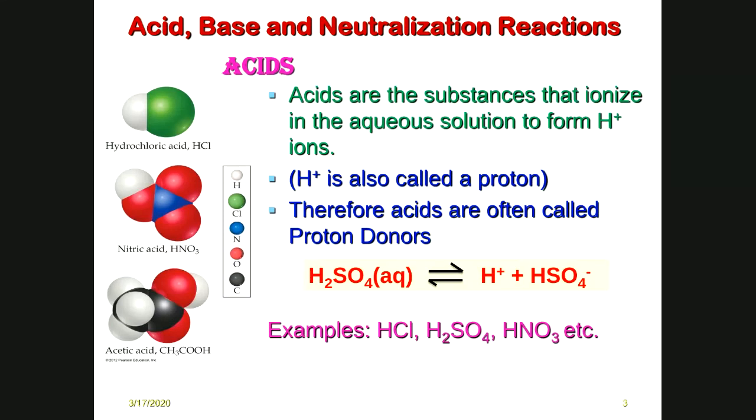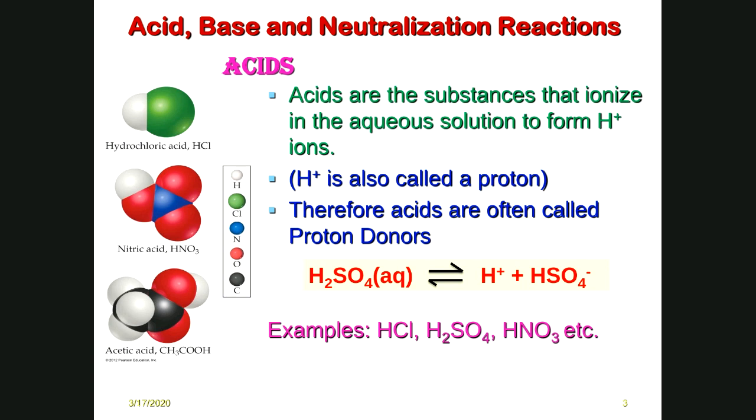Now, let us first define what is acid. According to Arrhenius, a scientist, and two other scientists, Bronsted and Lowry, who gave a concept of acids, acids are those substances that, when you dissolve them in water, give out H plus ions in the aqueous solution.